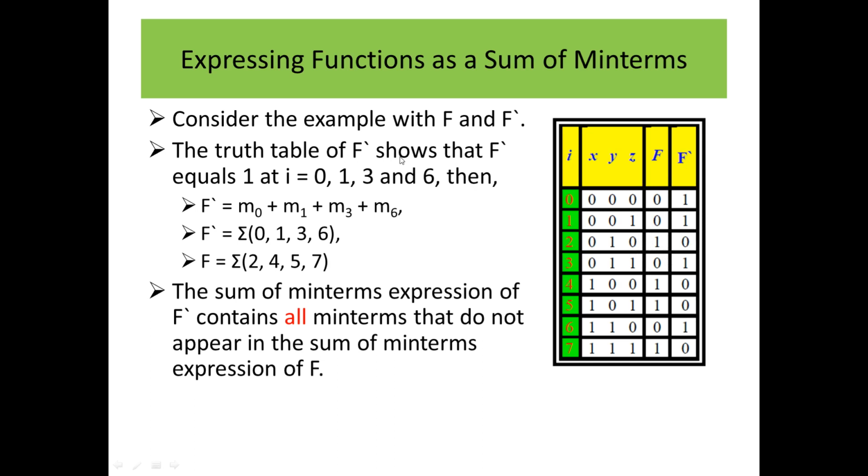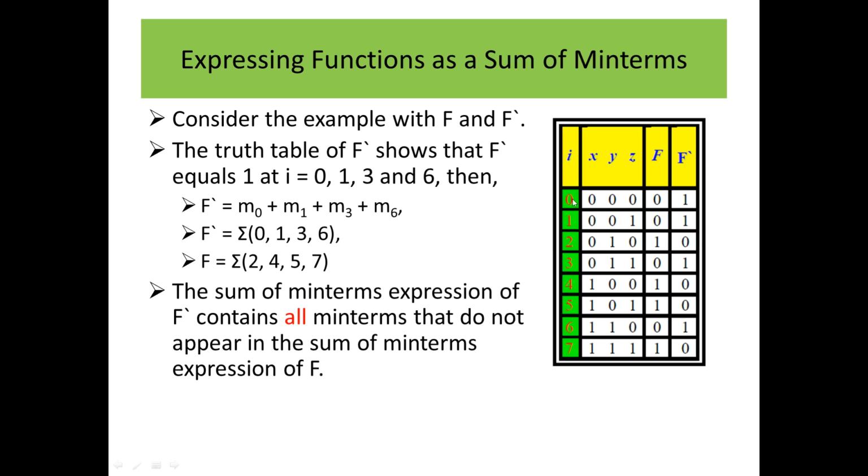So the truth table of f bar shows that f bar is equal to 1 for 0, 0, 0. For 0, 0, 1 it is 1. Next, for 0, 1, 1 f bar is 1, that is, you can write here 3. Similarly, f bar is 1 for 1, 1, 0, that is 6.